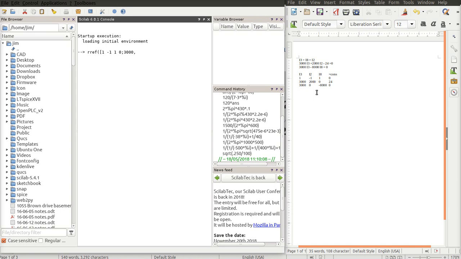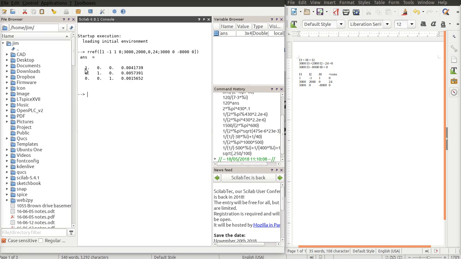And pretty sure I can mix and match if I want to use commas. 24, semicolon, just showing you what you can do. 3000 space 0 space minus 8000 space 0. I'm at the end of the third row, so I don't put a semicolon. This is where I would close my bracket, close my parentheses, and hit my enter key.